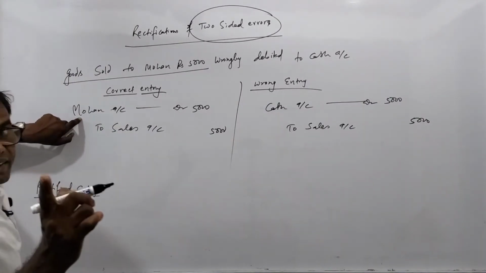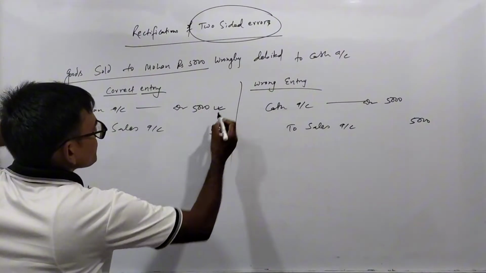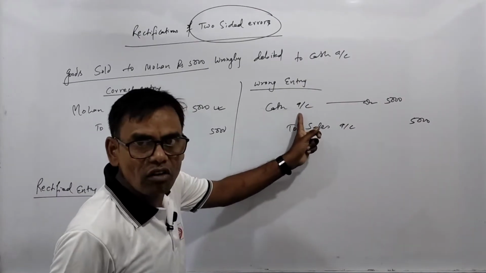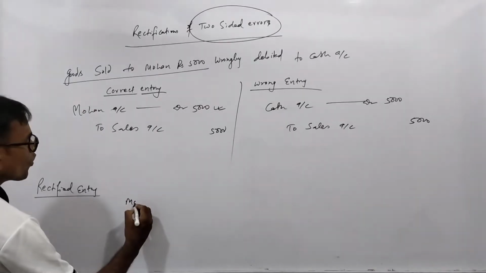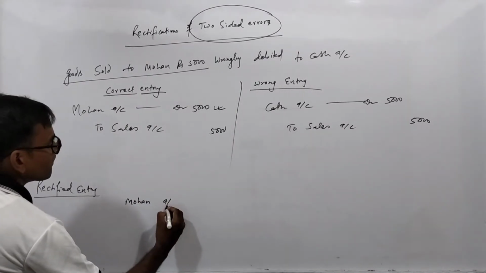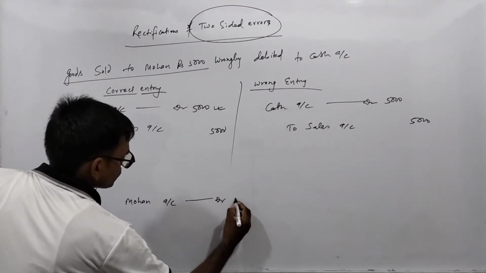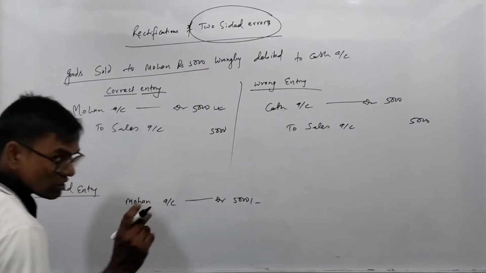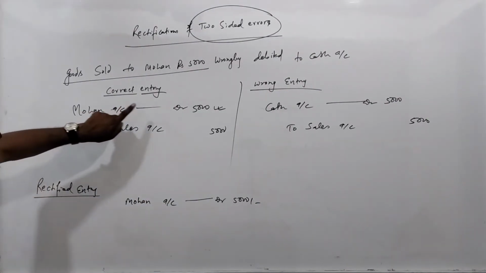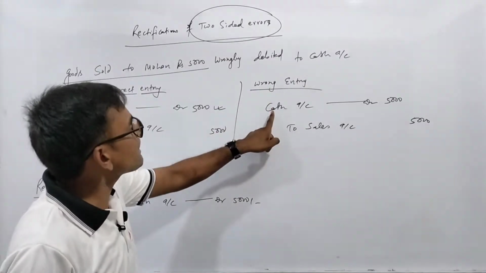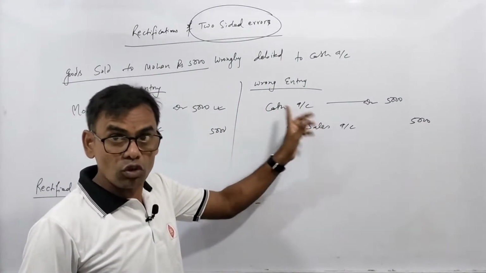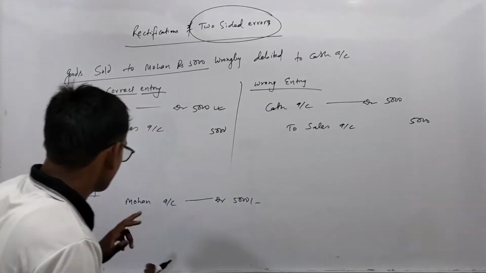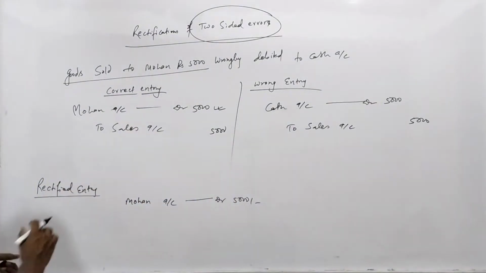Mohan account should be debited, right? But he has not written Mohan account on the debit side. So we have to write here Mohan account debit. Once again, Mohan account should be debit, but he has not written it, so we have to debit Mohan account.